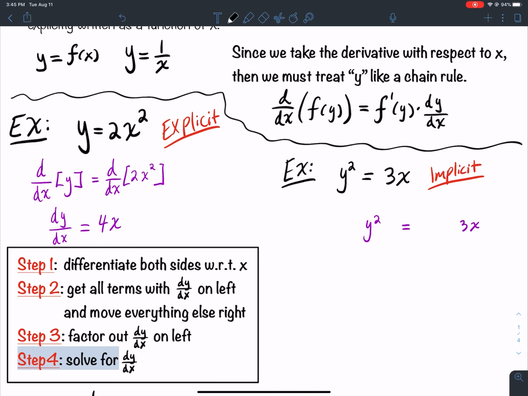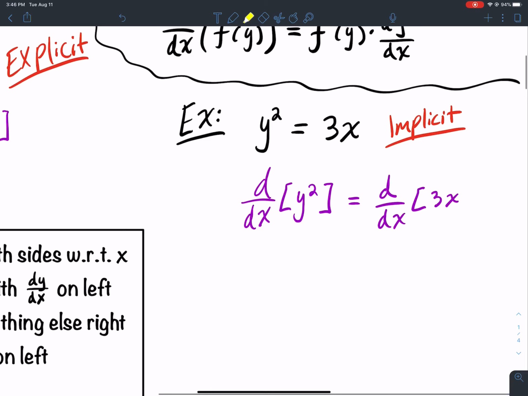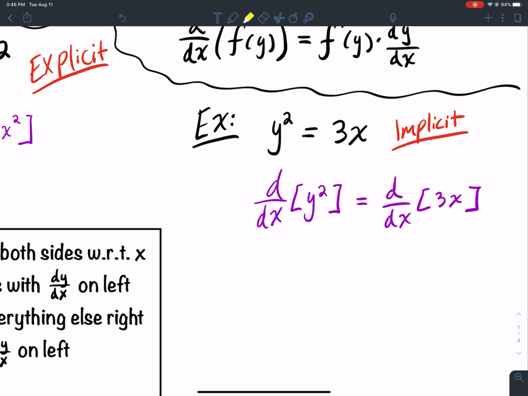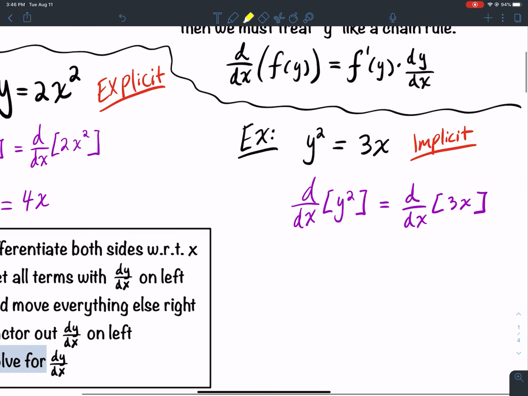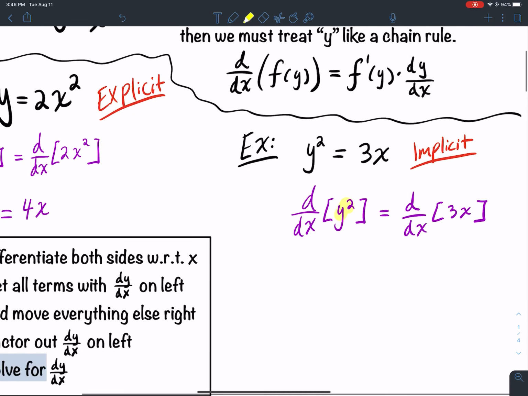So step 1, take the derivative with respect to x on both sides. So the derivative of y squared with respect to x and the derivative of 3x with respect to x. Now, once I take the derivative, I need to use a chain rule. Derivative of y squared. Remember, treat y as something.